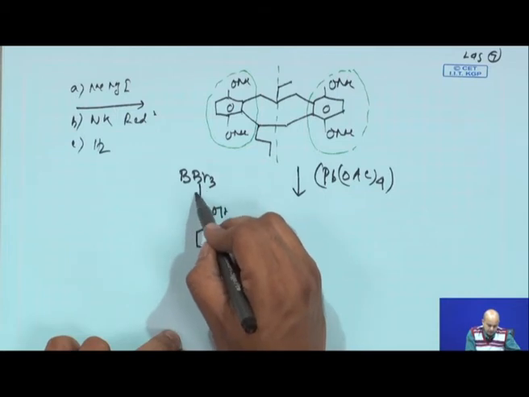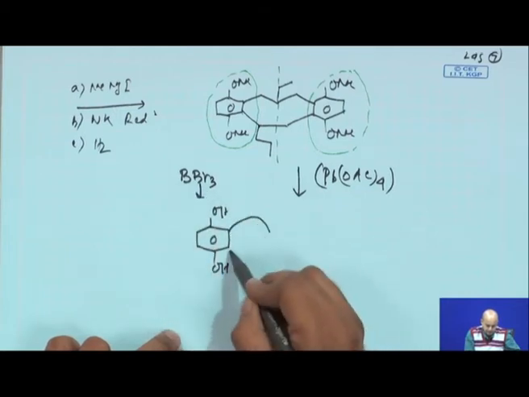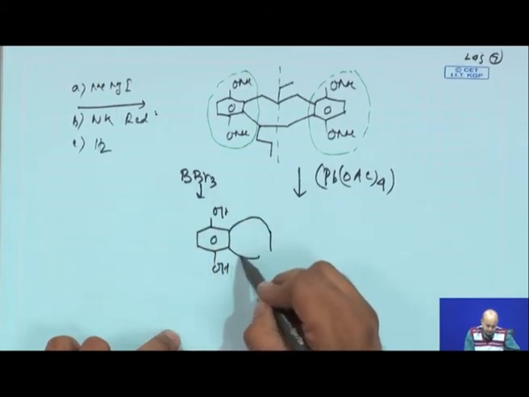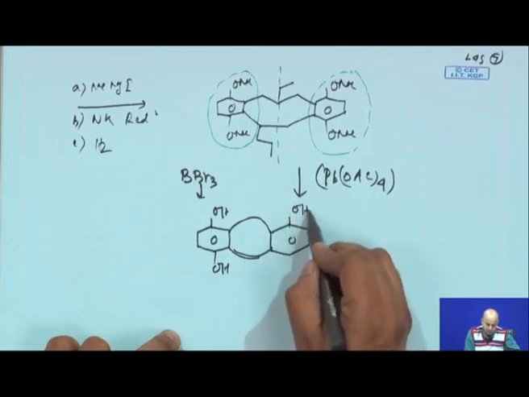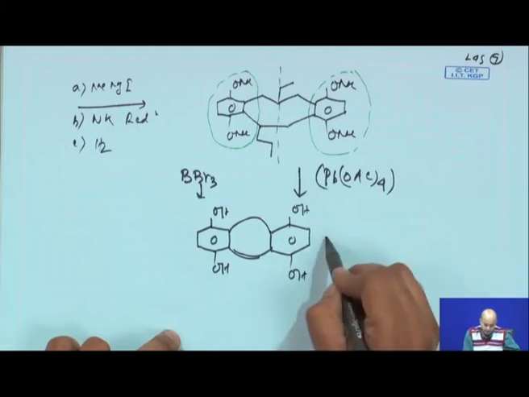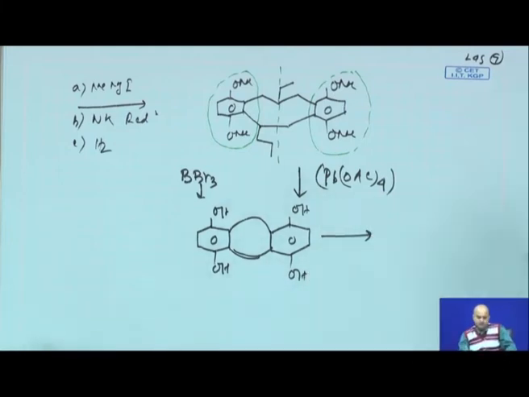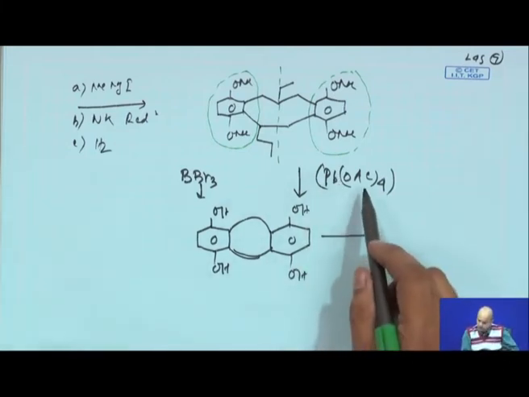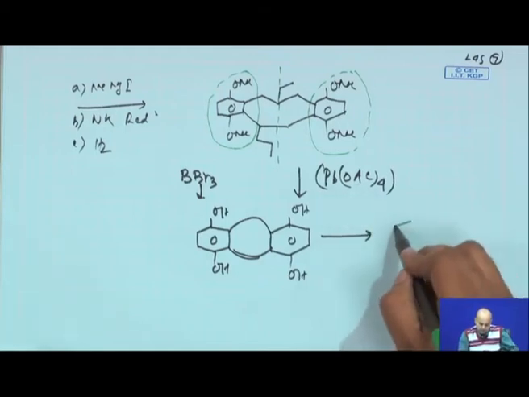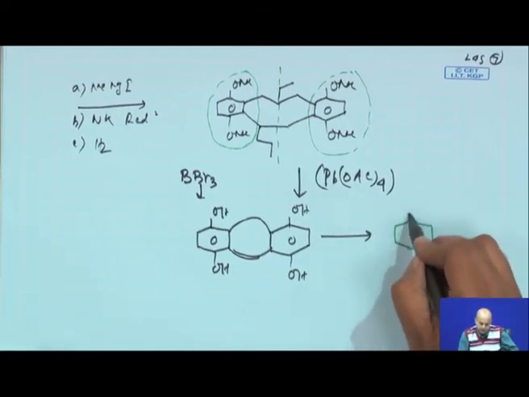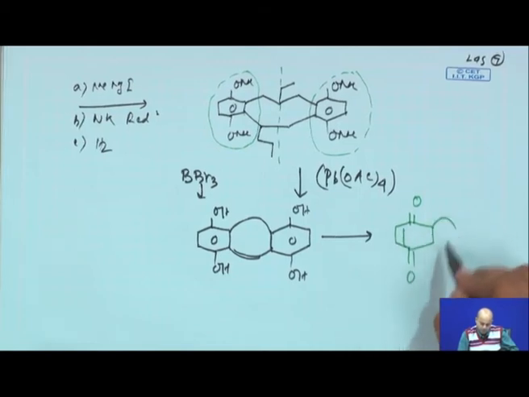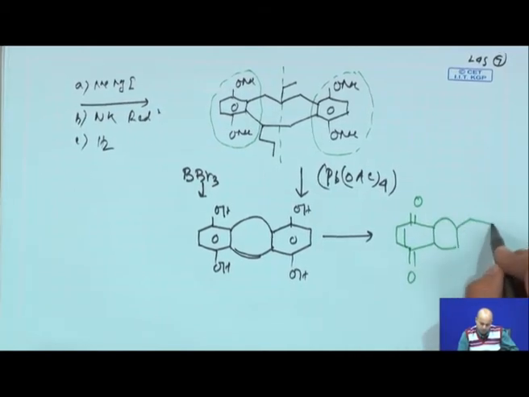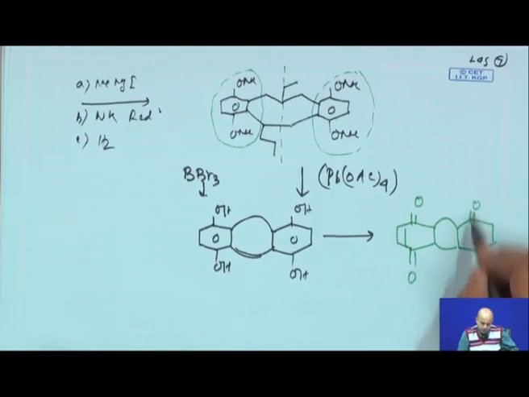So, BBr3 first demethylates, this part is there, and then you write this OH and OH. Okay. Now, the oxidation part. So, oxidation, you are using lead tetraacetate to basically give you the corresponding quinone, this quinone.